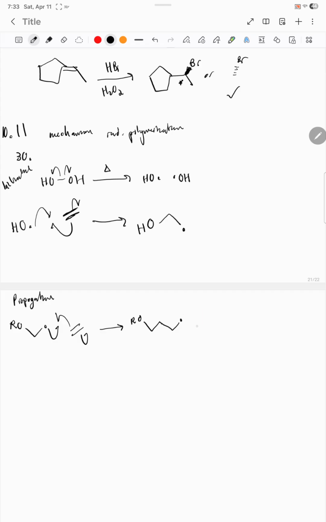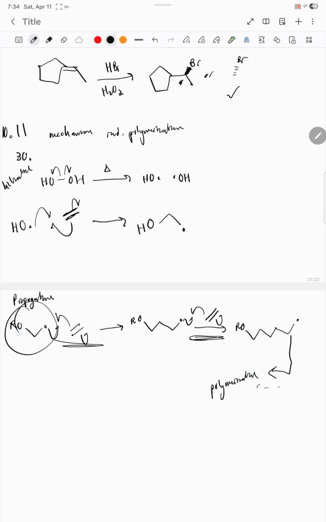And so if we go through another propagation, we'll form another bond, or another carbon I should say, and then it shall look like this. And then so on and so on. We could repeat what we see here and here. This is called polymerization. Now how was this possible?